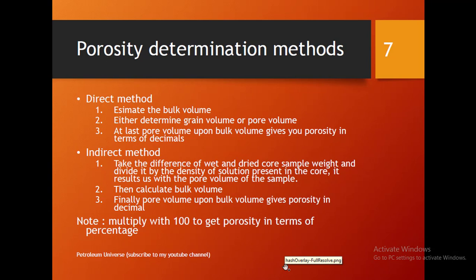So how to get that pore volume in terms of calculation is, after you have saturated the core sample 100% with the brine, you have to take the difference between the weight of the wet and dry core sample. So you get the difference in weight, which is nothing but the brine weight, and that you have to divide by the density of the brine. Okay. Or whatever fluid you are considering, you have to divide by that particular fluid density, right?